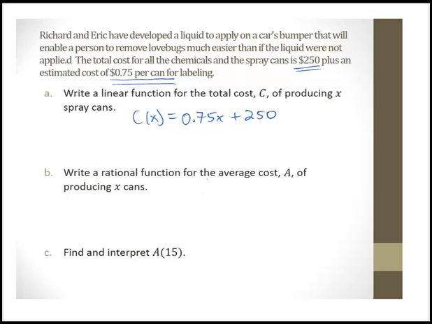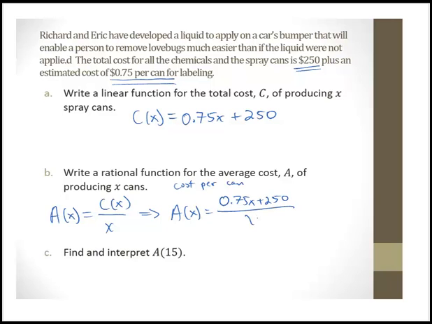Well, let's think about that. The average cost is going to be the cost divided by the number of cans. And so then A of x is going to be 0.75x plus 250 over x.